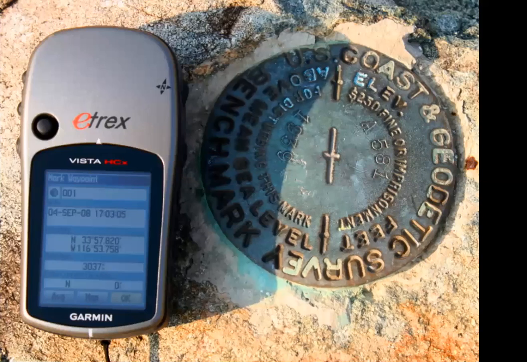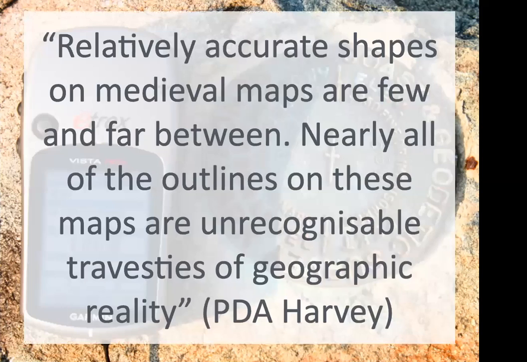They had no GPS in the medieval period. They had no way of accurately mapping in the way that we're used to now. You know, relatively accurate shapes are few and far between.